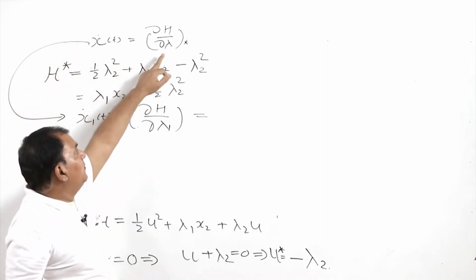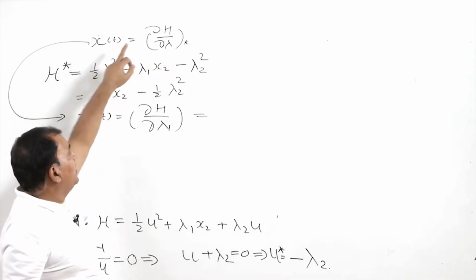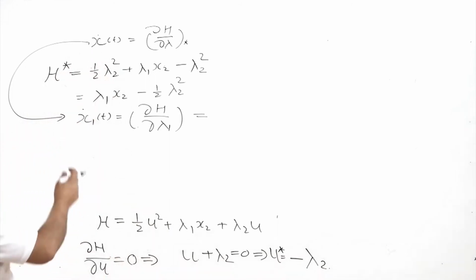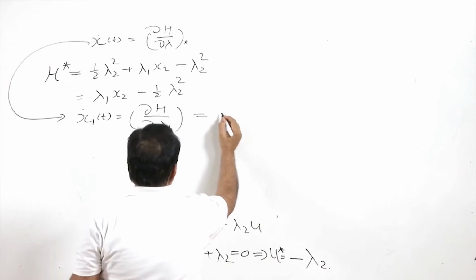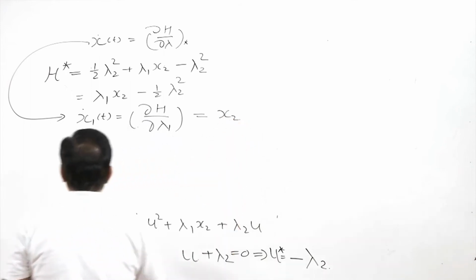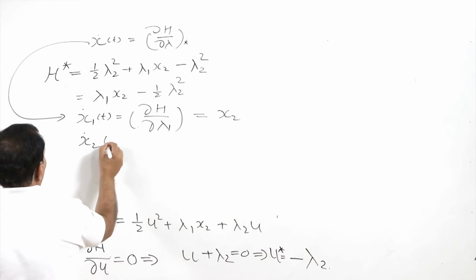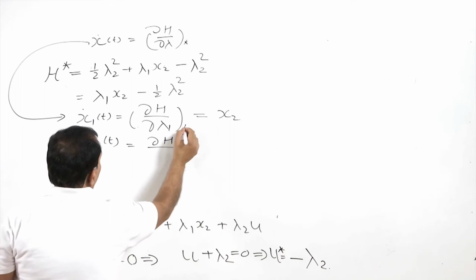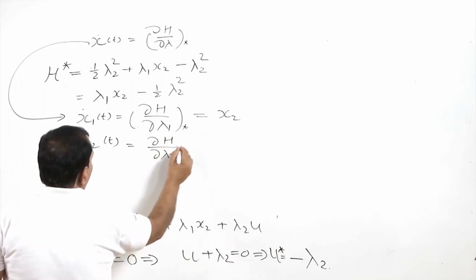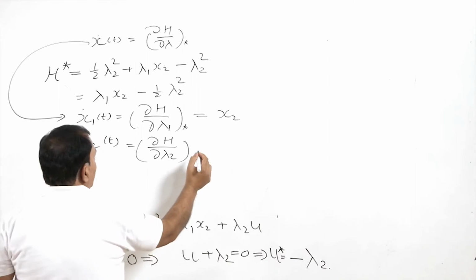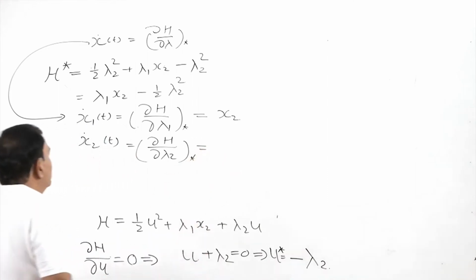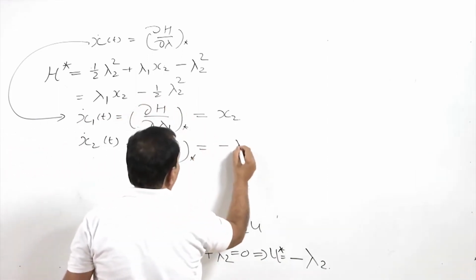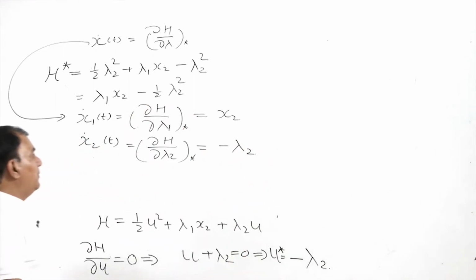So del h by del lambda 1 is my x1 dot, and del h by del lambda 2 is my x2 dot. Taking del h by del lambda 1 gives x2, and x2 dot of t is del h by del lambda 2 at the optimal point, which in this case is minus lambda 2.